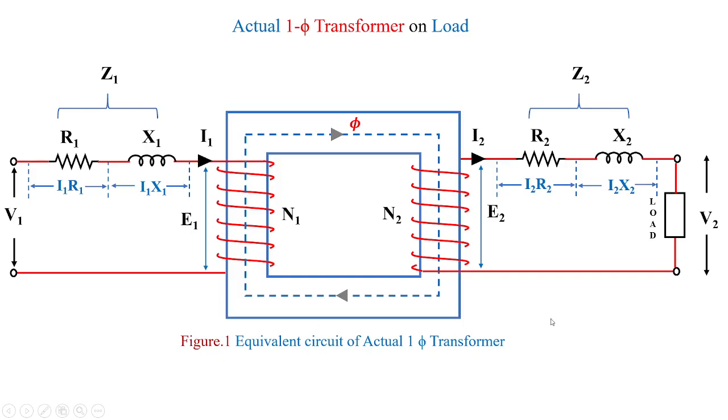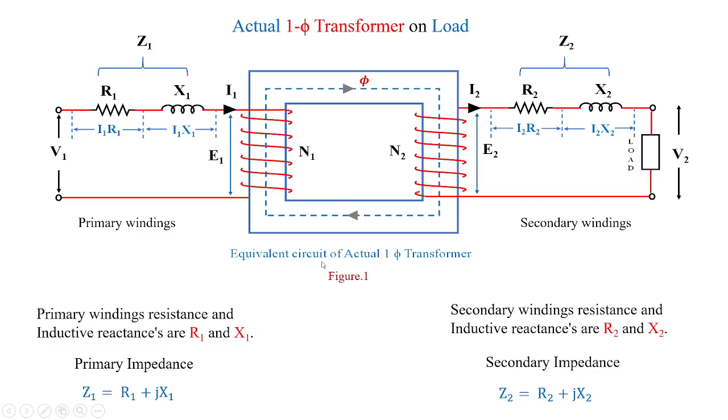And then what happens to the phasor diagrams? For that, we have to keep in mind that we are dealing with primary winding resistance and inductive reactance, and similarly secondary winding resistance and inductive reactance. These two we have to keep in mind when we are dealing with the actual transformer.